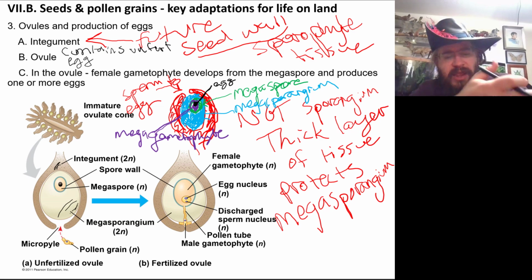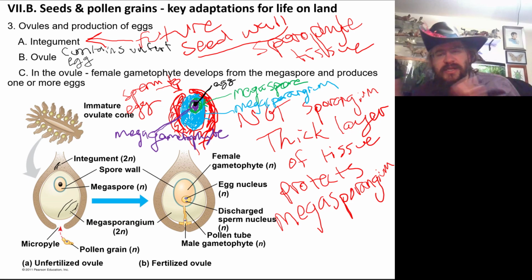Shorthand, before fertilization. If you want to get super technical, the integument has to fuse, and you have to get the development of an embryo, and you have to get the separation of the integument from the layer holding it, and the integument has to harden to a seed, blah, blah, blah. Until then, it's sort of like an ovule transitioning to seed.